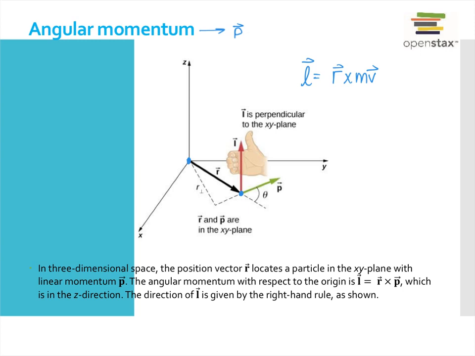We're looking at the momentum relative to a particular point. We go from the point we're interested in to where our object is, and that becomes our radius vector, which is located right here. And then we take that radius vector and we cross it with our momentum vector.